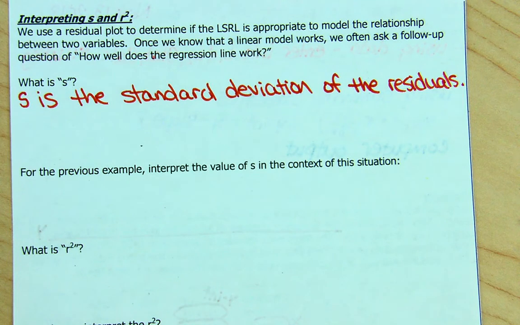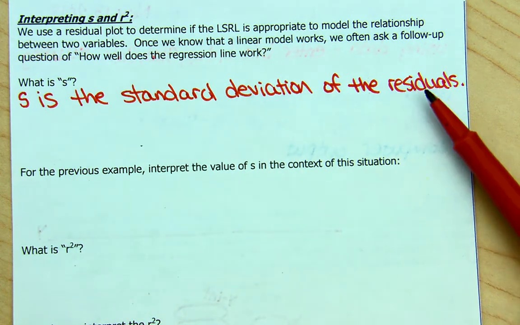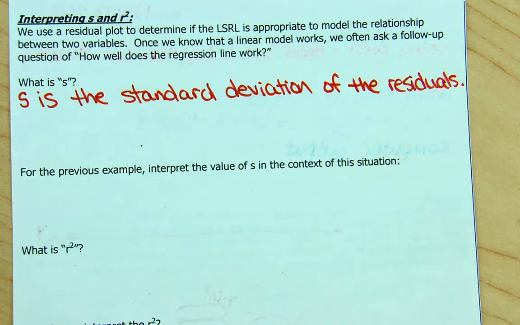So, if we think about what standard deviation means, standard deviation is the average distance from the mean for each data point. So, if we're thinking about this in terms of residuals, the sum of all your residuals should be 0. Okay, because we have some that are positive, some that are negative. They should be randomly scattered around. So, we should have a sum that is 0.